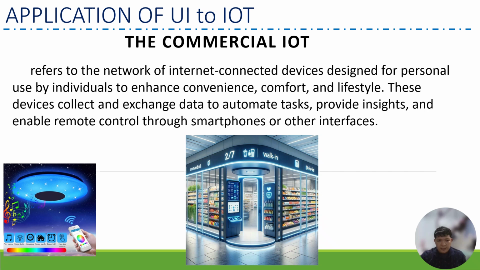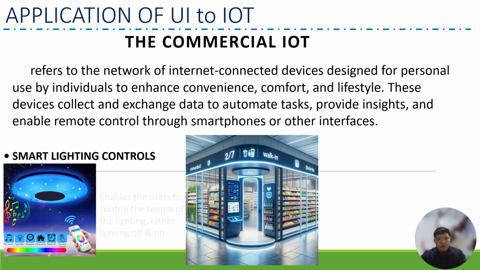We can easily check whether what we need is present or available in the stores. And on the left side of the image, you can directly change the design or colors of the lighting in our home. So these are some examples of the UI applied to IoT.